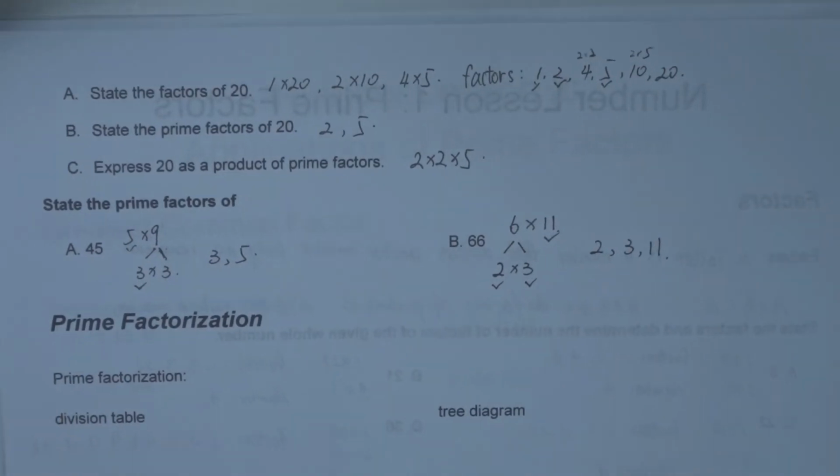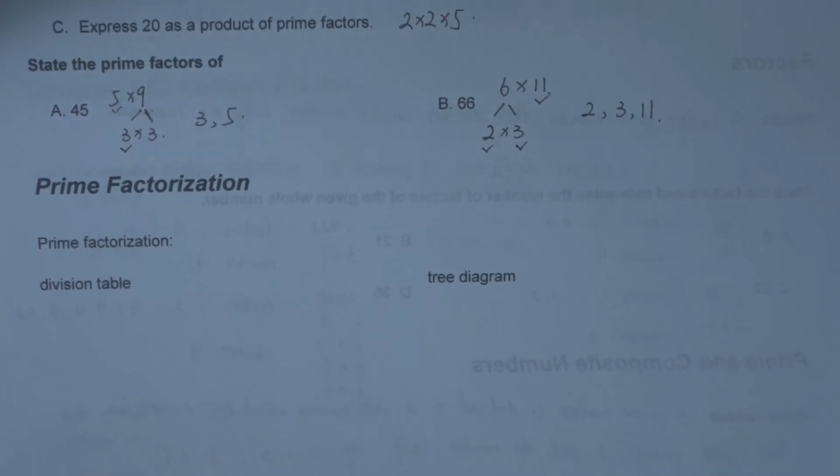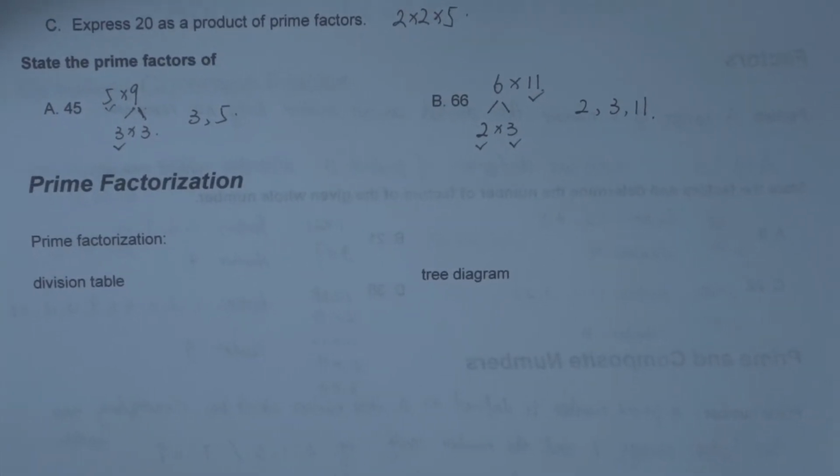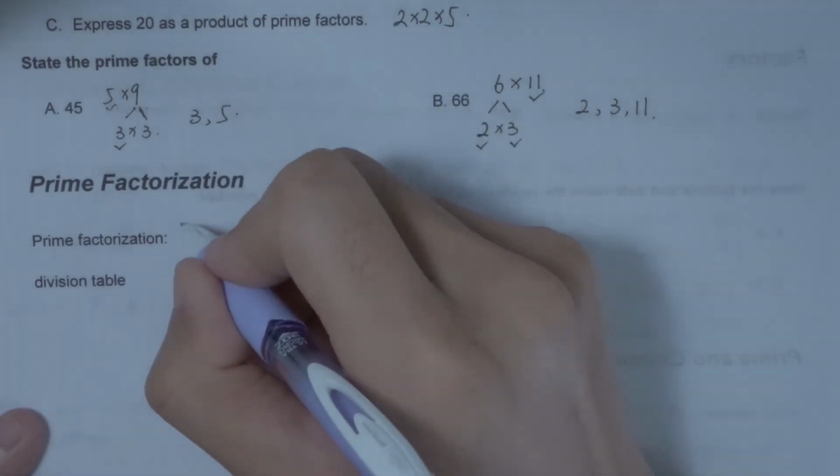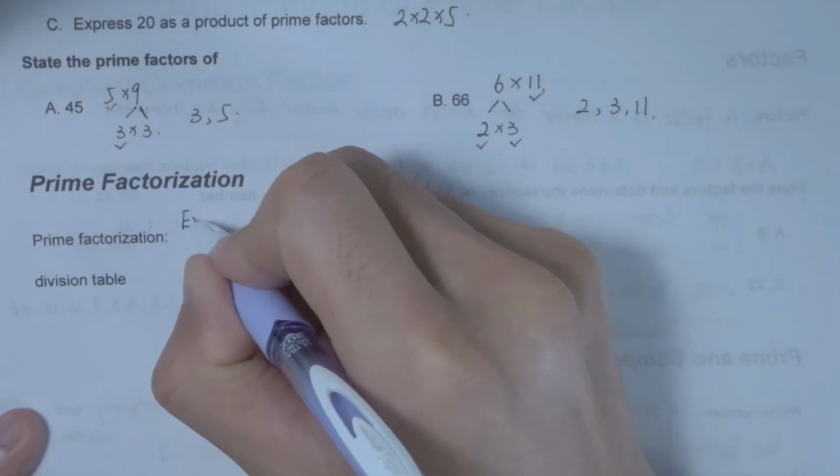Okay? Now let's look at the last part, the prime factorization. Prime factorization is expressing a whole number as a product of prime factors. It's called the prime factorization of a number. Here's the definition.